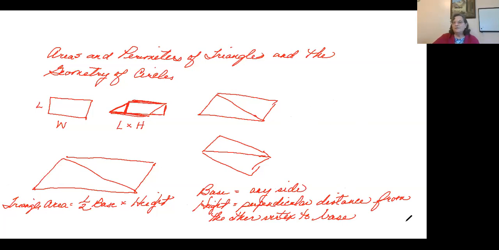So if I have a triangle like this, the area of this triangle, if I choose this one to be the base, just because it's sitting on it, but it doesn't make any difference, then the distance from the other corner straight to the base would be the height.